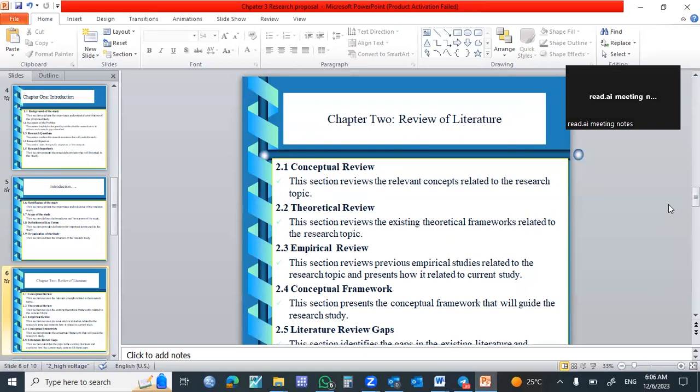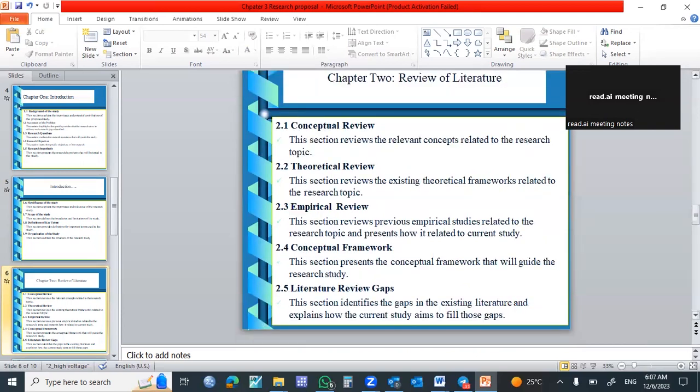In this empirical review, we will have a major idea to develop our hypothesis, as well as in the theoretical part of our research. Then we'll have a conceptual framework. Our research conceptual framework is a scientific model that tells us the relationship between the variables that we will incorporate in our research.